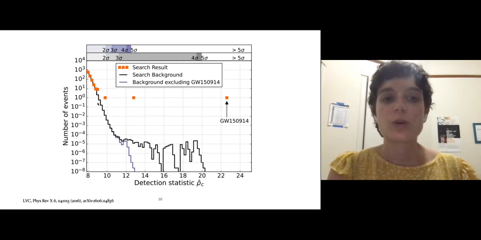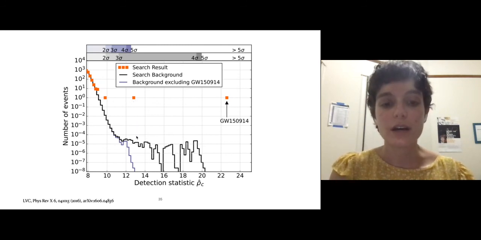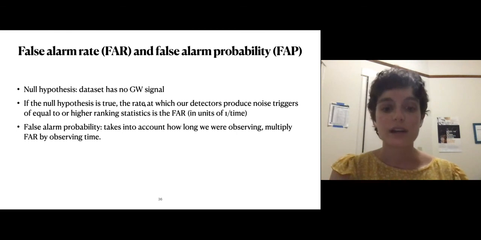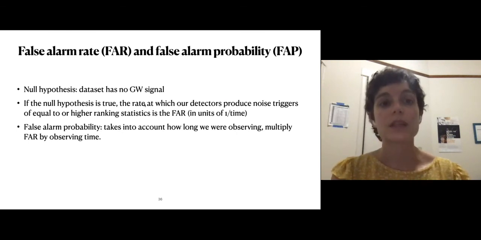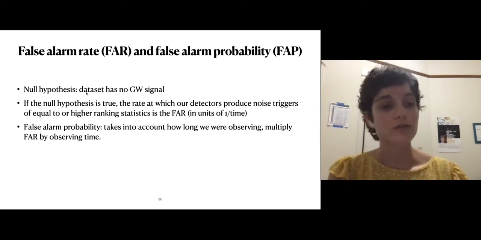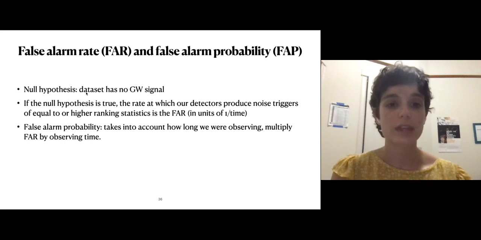And you can see here on the top axis, we can assign how significant this separation between the noise background and the event is. The way that's done is by computing the false alarm rate, which is again this frequentist way of calculating significance.